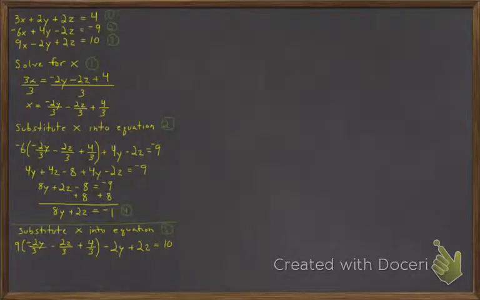Again, we distribute and we get negative 6y minus 6z plus 12 minus 2y plus 2z equals 10.